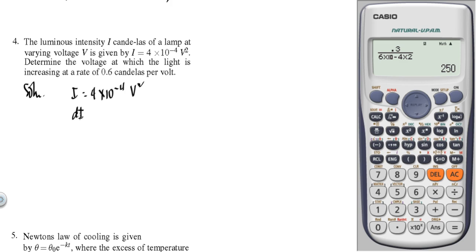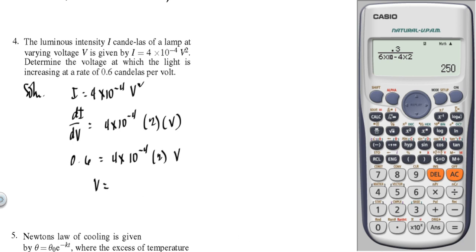Then dI over dV is equal to 4 times 10 raised to minus 4 times 2V. Then dI over dV is given, that's 0.6, equal to 4 times 10 raised to minus 4 times 2 times V. So, what is V?